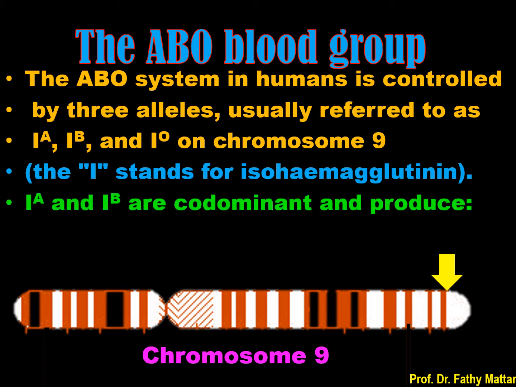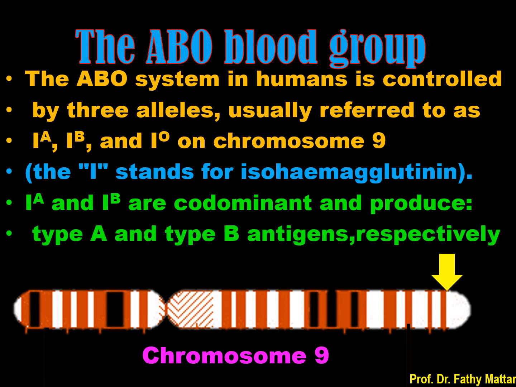IA and IB are codominant, so even if they are found together, it will form AB. But if one of them is found alone, it will appear, as we will see in a while. Type A and type B antigens are found.